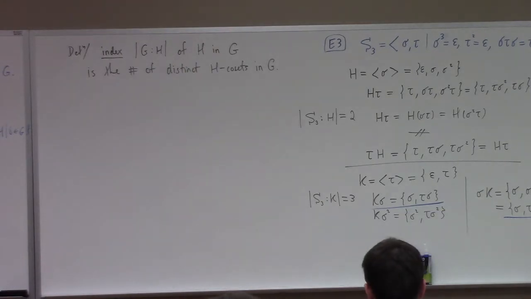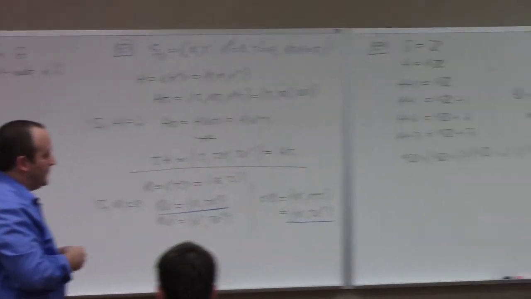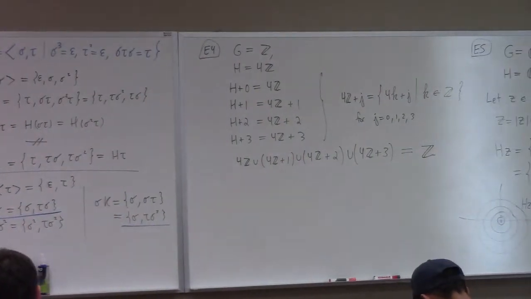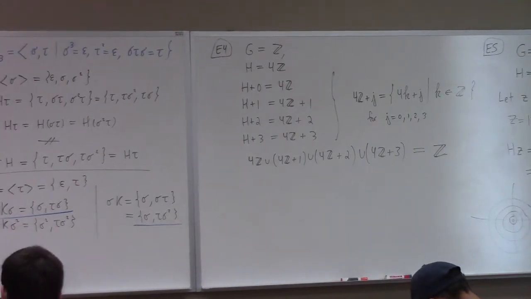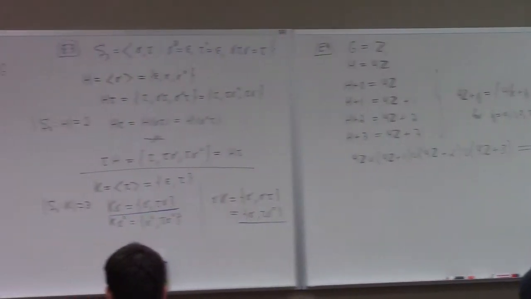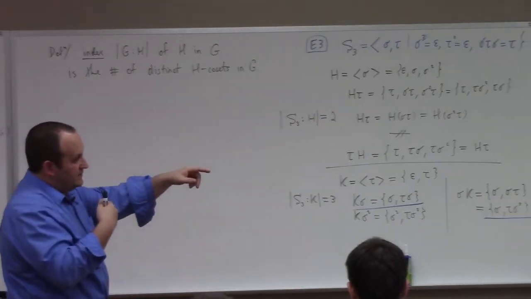Notice that in example 4, what's the index in example 4? The index is 4, right? So even though every coset is infinite, it chops it up into just 4 pieces. What's the index of H in example 5?